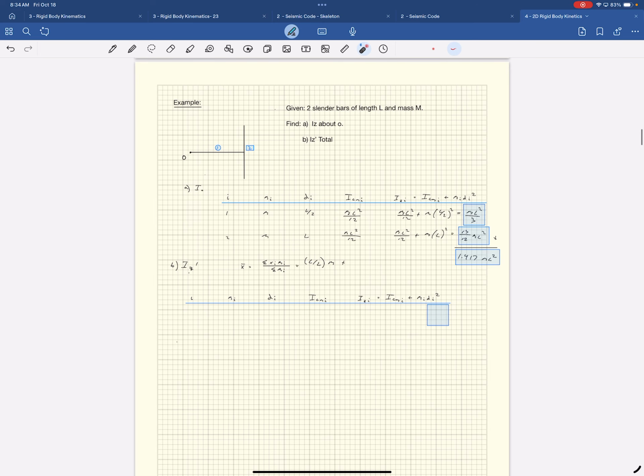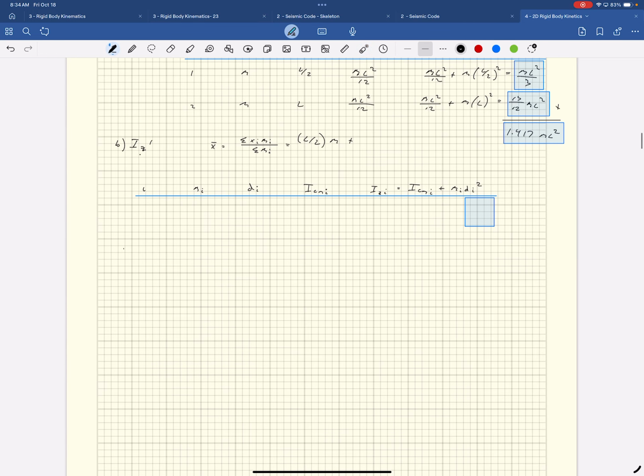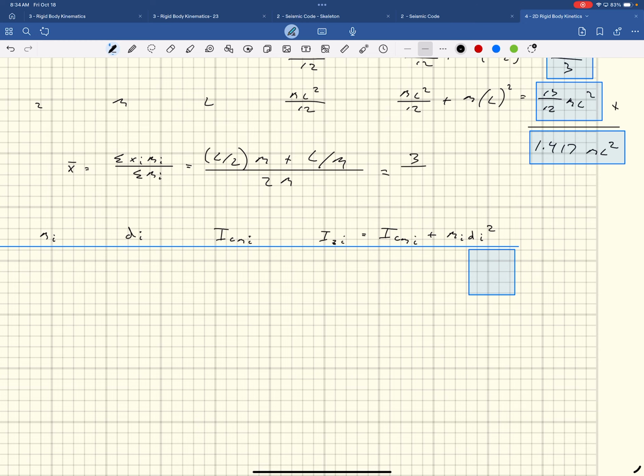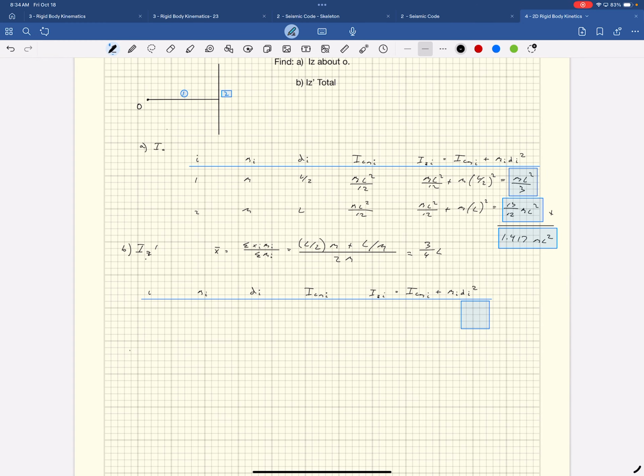That distance, between here and that reference point, would be L, so L times M. Then you divide by the total mass, which in this case is 2M, since there are 2 masses. If you carry out that math, this becomes 3/4 L. That tells us the center of mass is 3/4 L from the reference point.